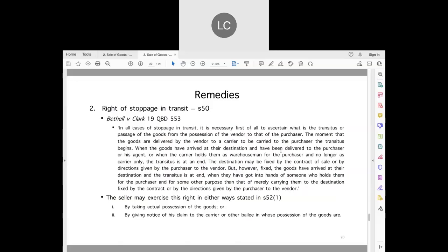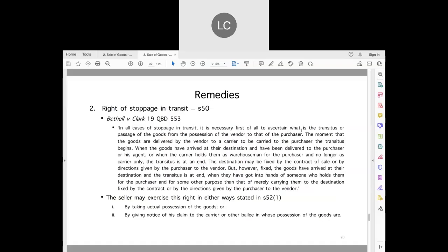So in essence, when the seller exercises his right of lien over the goods or right of stoppage in transit, the seller regains possession of the goods and therefore his lien as unpaid seller.